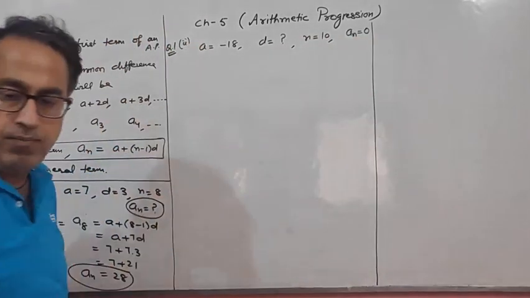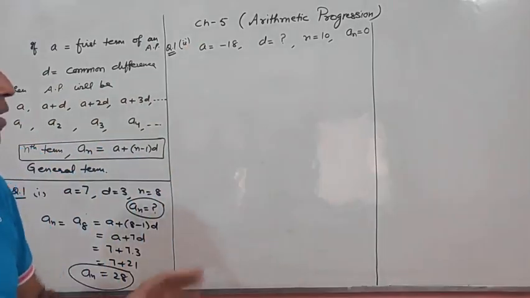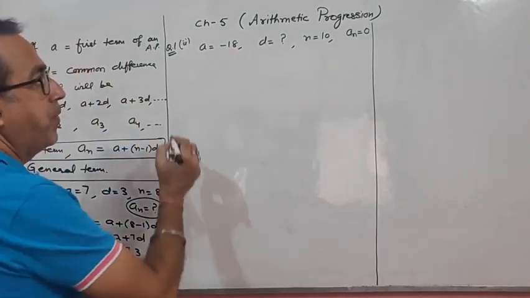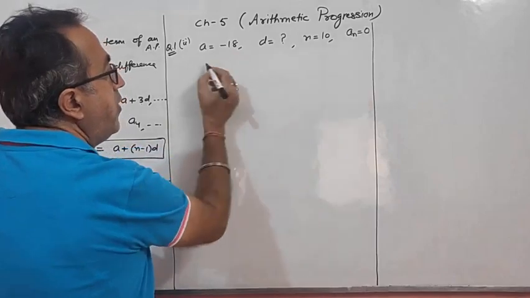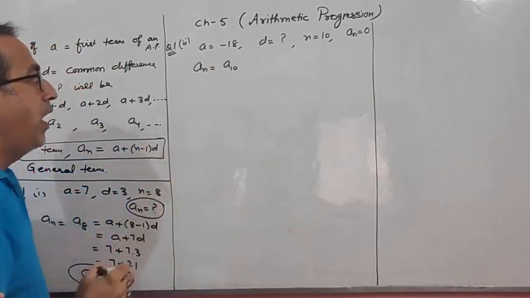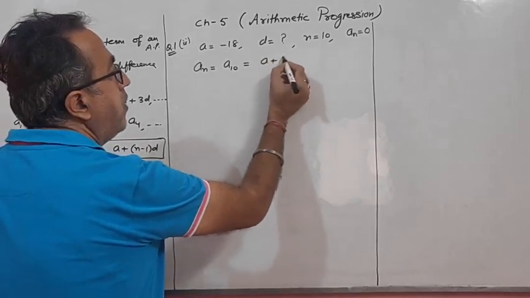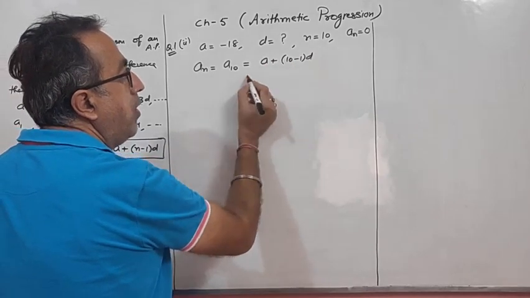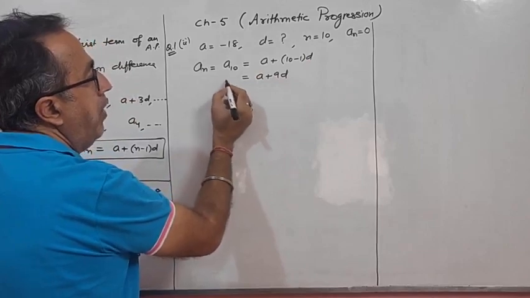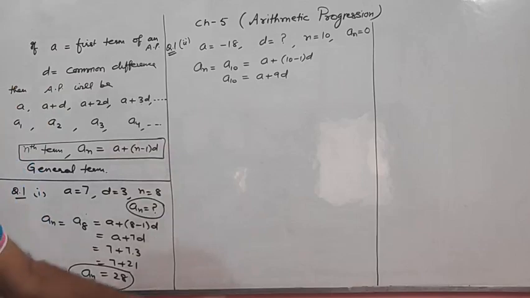In this part we have to find D. A is given, n is given, the nth term is given. n is 10, so the nth term is A10, the 10th term. Again by the formula, A10 is A plus 10 minus 1 into D, which means A plus 9D. Now put the values.